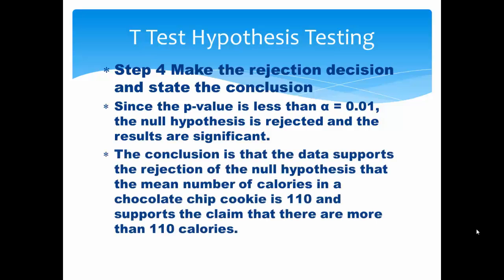Now, my conclusion is that the data supports the rejection of the null hypothesis, that the mean number of calories in a chocolate chip cookie is 110, and it supports my claim that there are more than 110 calories in the chocolate chip cookies.